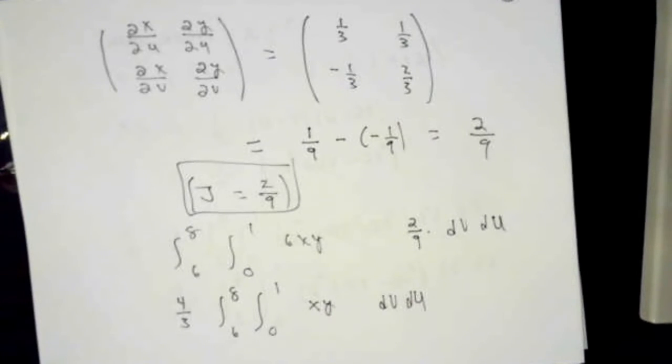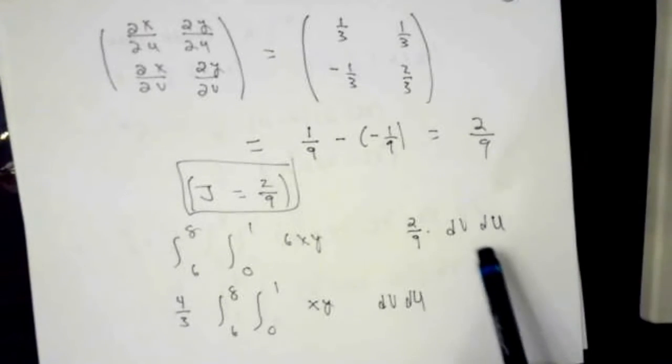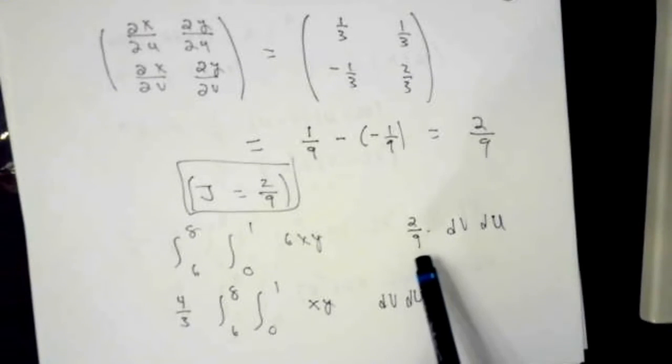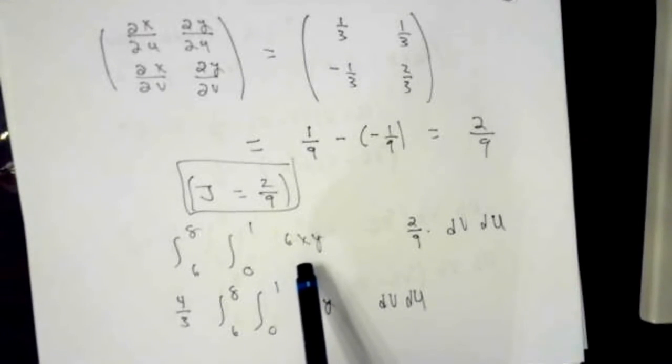The factor that I have to put in that's similar to the r factor in polar coordinates is a constant. It's 2/9. So we're now going to integrate from 6 to 8 with respect to u, and from 0 to 1 with respect to v. There's my J factor, and I'm wanting to integrate 6xy.